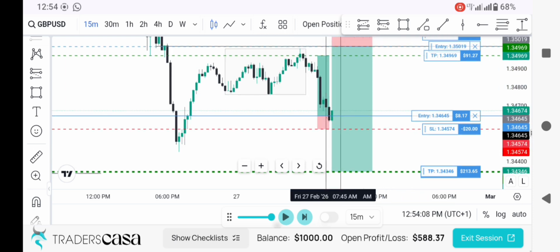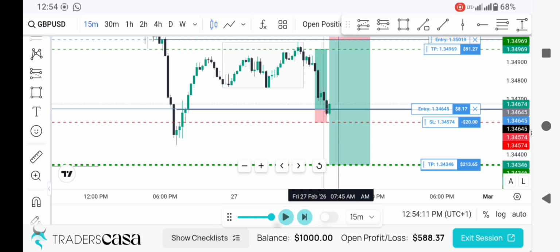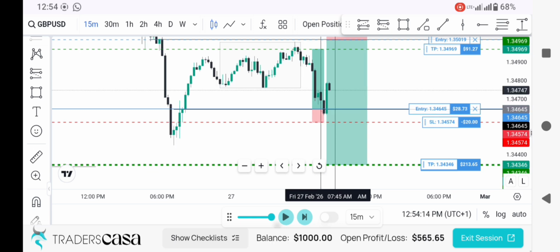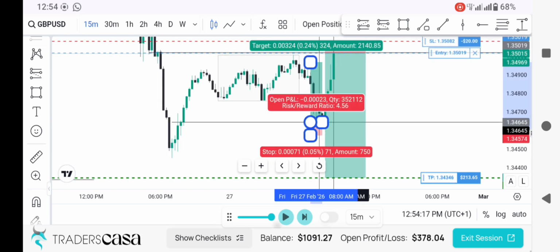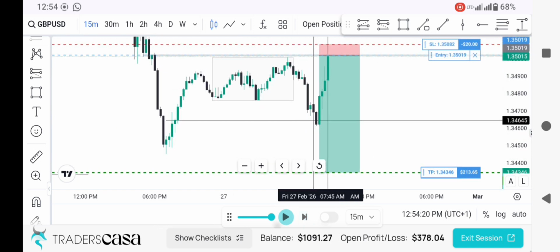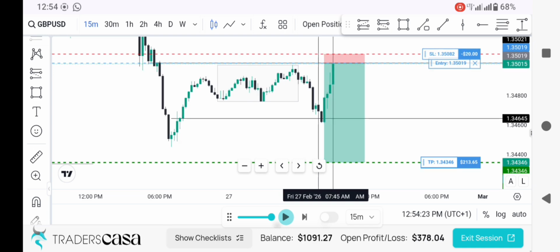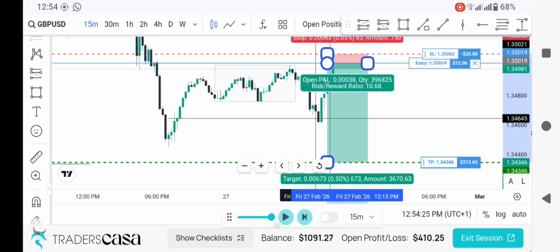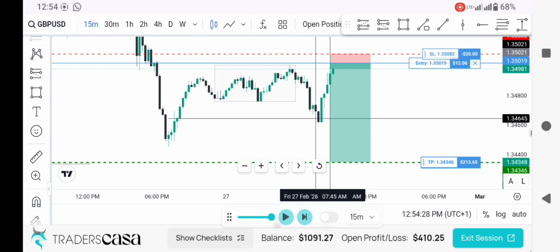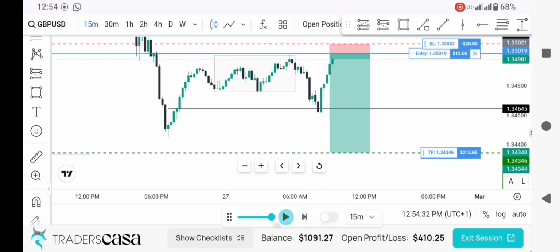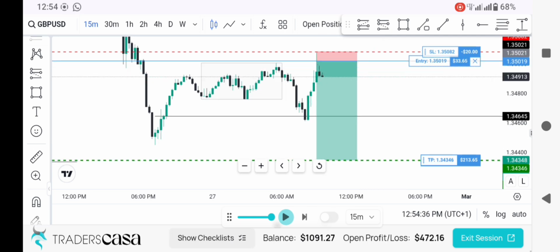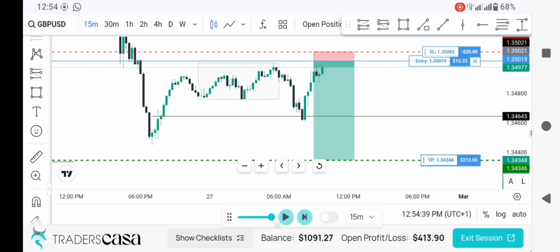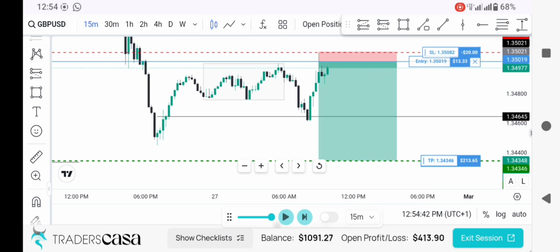It is a good time to trade. As you can see, already $20 from the buy side. Now the open profit is running. 9 a.m. exactly, that is what we want to see. It's pretty fine.